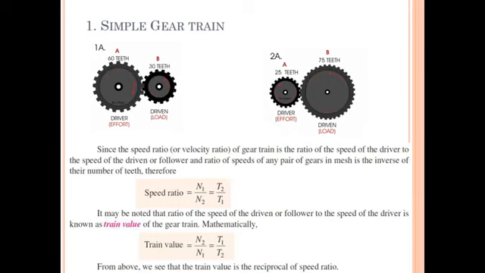It may be noted that the ratio of the speed of the driven or follower to the speed of the driver is known as the train value. That means the reciprocal of the speed ratio is the train value, that is N2 upon N1, which is equal to T1 upon T2. Remember this for a simple gear train.